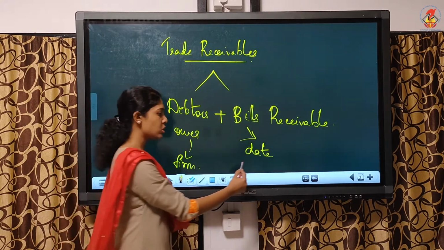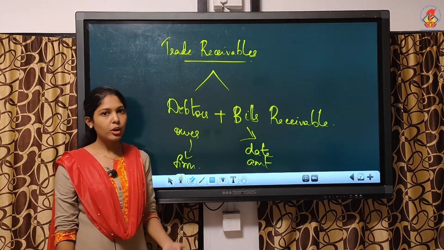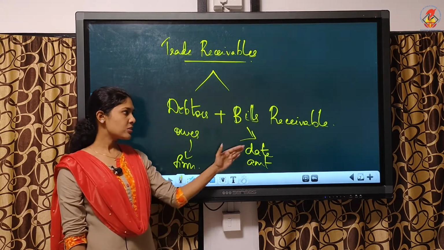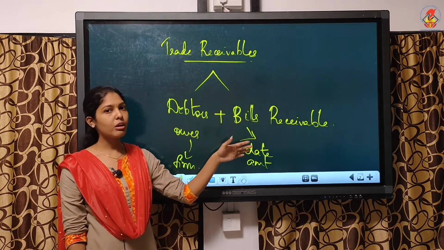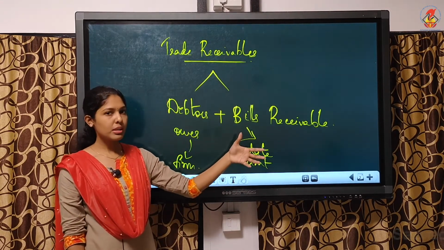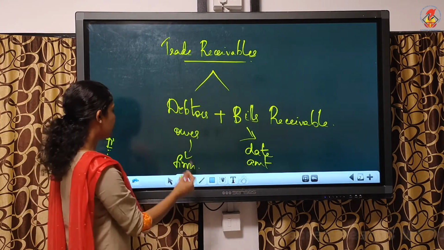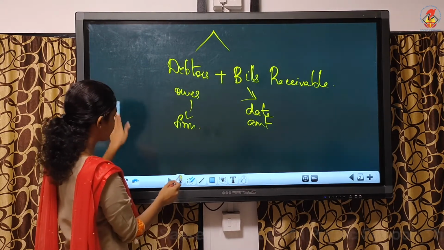Date and the amount also will be mentioned. What is the amount to be received and on which date you will receive this from debtors. These two will be mentioned in bill of exchange, and that bill of exchange is called, the document is called bills receivable.